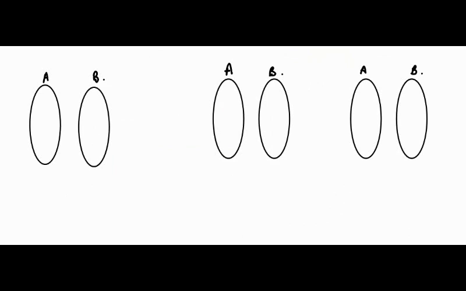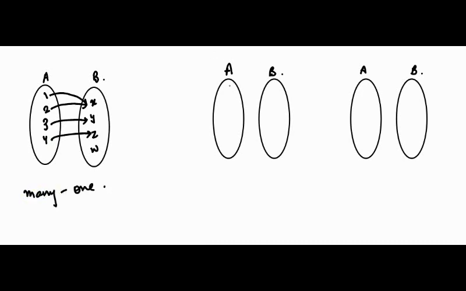Now let's revise this again. If I have a map between two sets A and B, where A has elements 1, 2, 3, 4 and B has elements X, Y, Z, W, and every element of A is mapped to one element of B which is unique, then that is a function. That is, many to one will be a function.